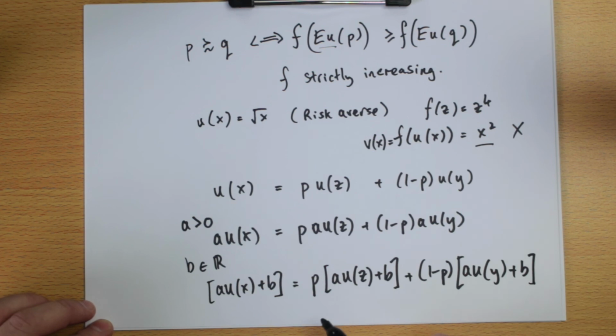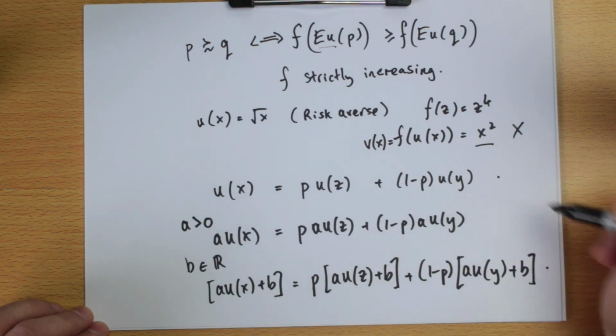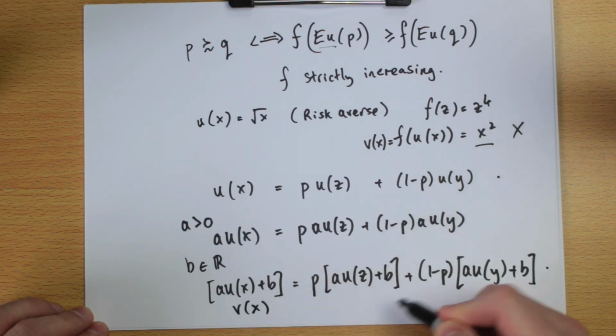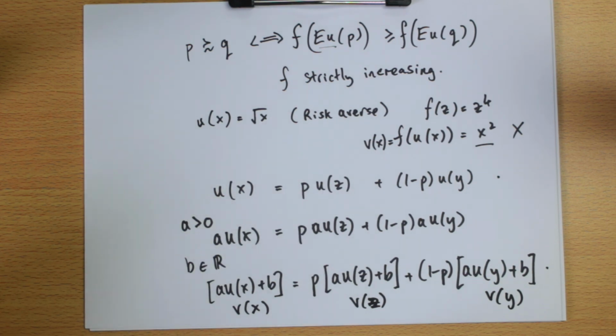And hopefully you can see here that on this side I've got B once, and on this side I've got B multiplied by P and B multiplied by 1 minus P, so I've got B once on this side as well. So I could cancel out those B's and those A's, and this equation is equivalent to the original equation. So if I call this V of X, then I've found a different von Neumann-Morgenstern utility function that does the job.